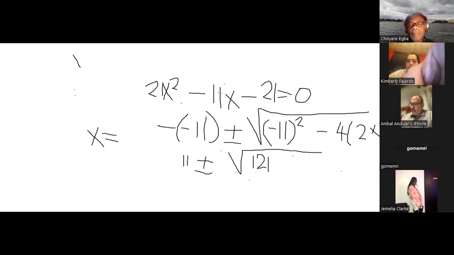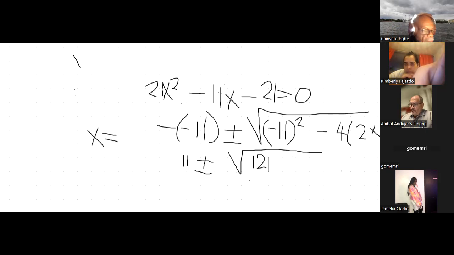Okay. So minus 11 squared is 121, and 2 times minus 21 is minus 42. Am I correct? Yes. Okay. Minus 42 times 4 is what?